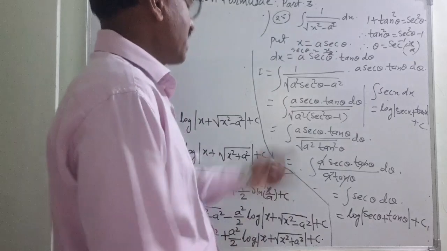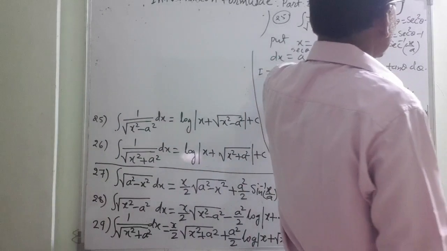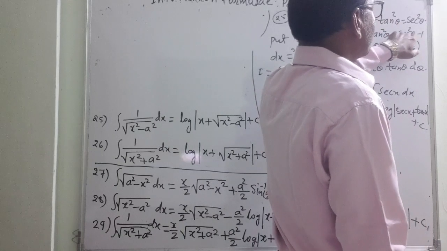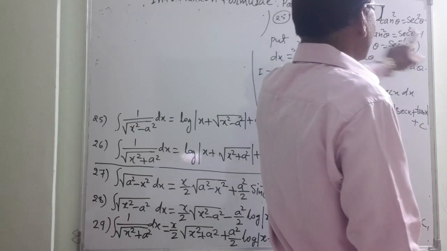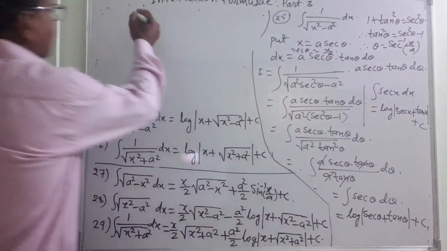Tan theta, where is tan theta? See, tan square theta is equal to sec square minus 1. So tan theta is equal to under root of sec square minus 1. So I will write that properly.